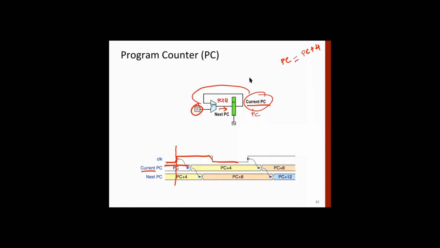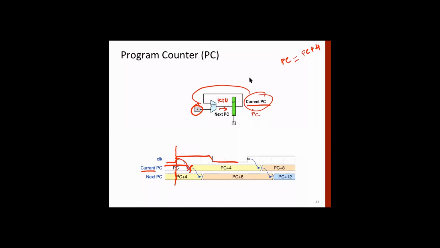From this point onwards, the PC value will change, right? So the current value of PC will change and there is some delay. So the PC value will become PC plus 4 and there is a delay here.